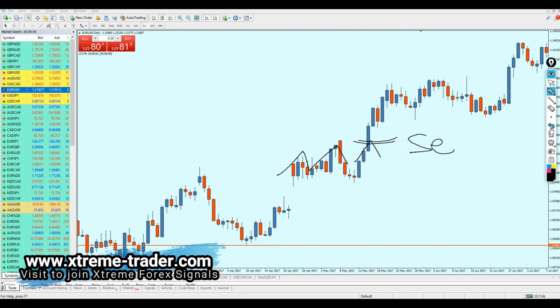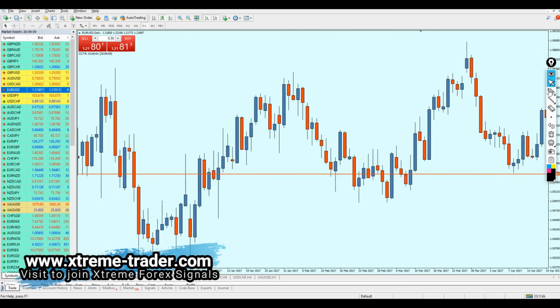However, I'm telling you, if you ever placed a sell at that resistance level, then you see this candle appear, close your trade immediately. Don't keep it running, because most likely the market is going to continue the rise.